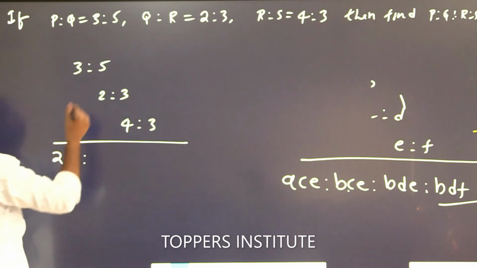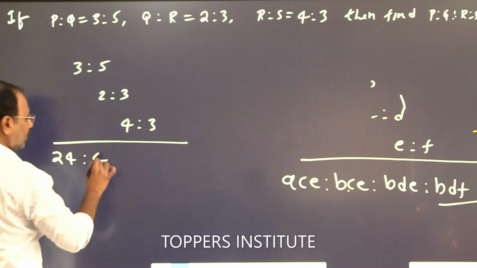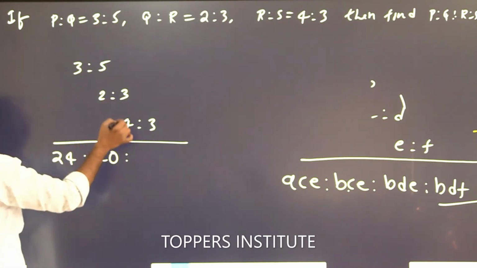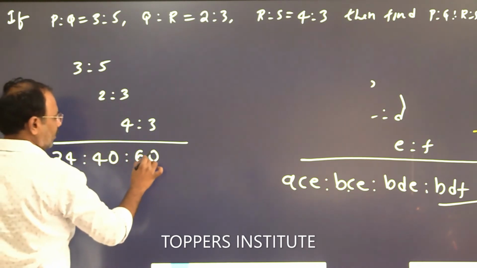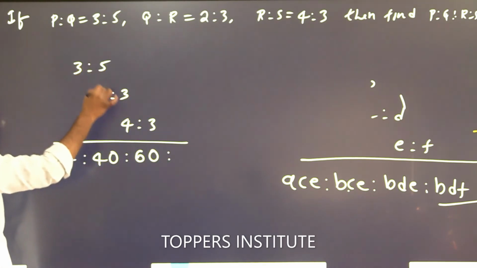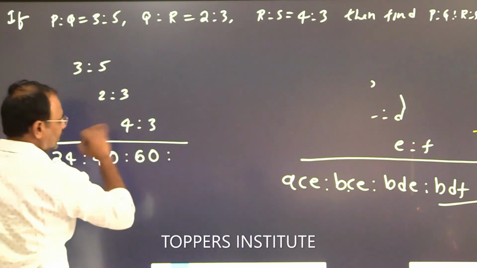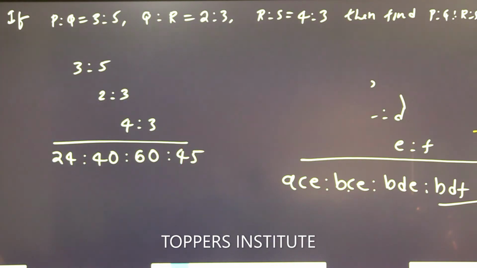Next term: 5 into 2 is 10, 10 into 4 is 40. Next term: 5 into 3 is 15, 15 into 4 is 60. And last term, product of consequents: 5 into 3 is 15, 15 into 3 is 45. So this is P is to Q is to R is to S.